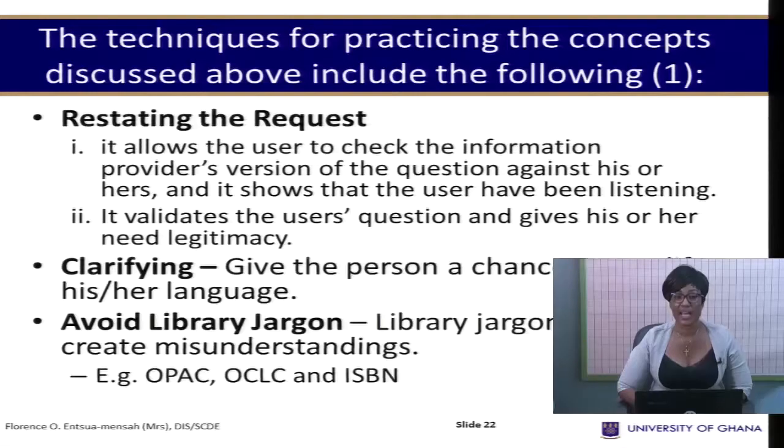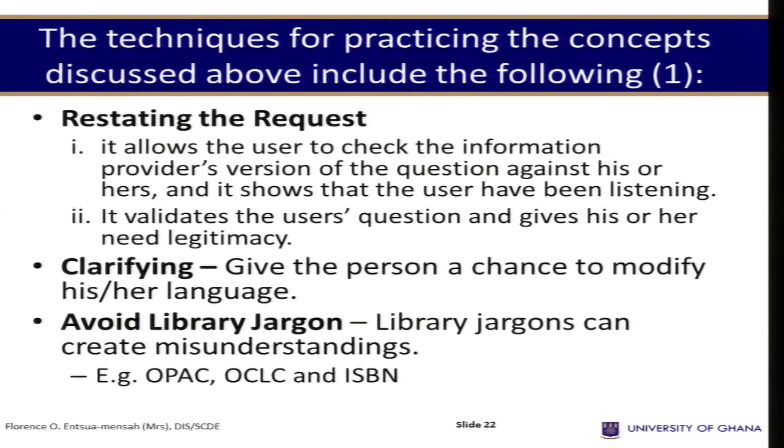The information provider must restate the user's request as a way of ensuring that he or she, that's the provider, is in the process of answering the user's query. We restate the request in order to validate the user's question and give his or her needs legitimacy.